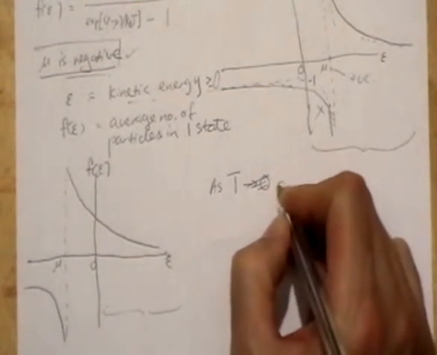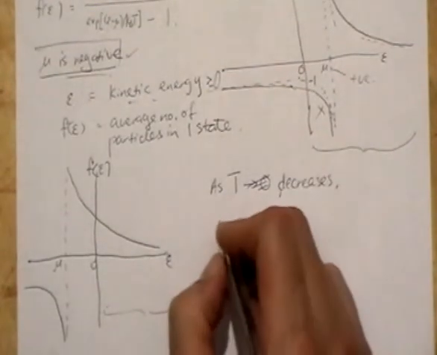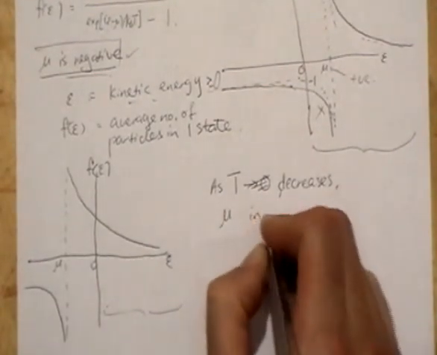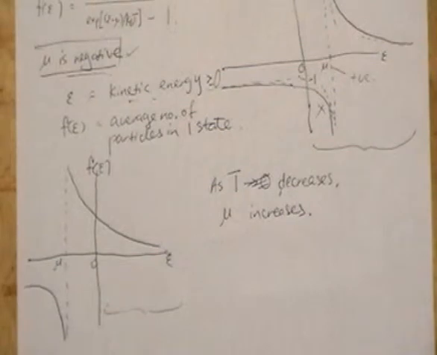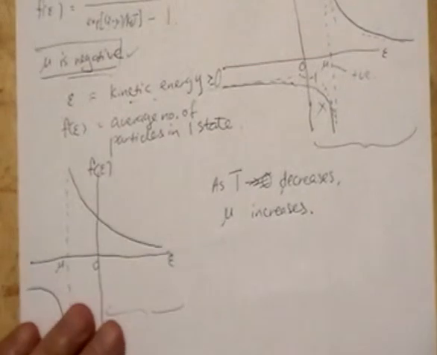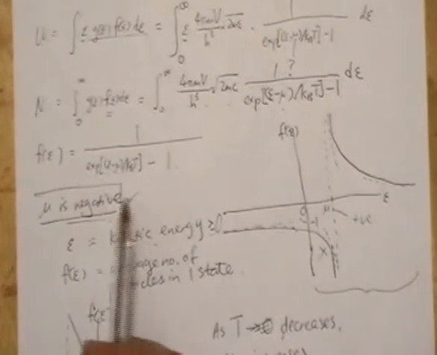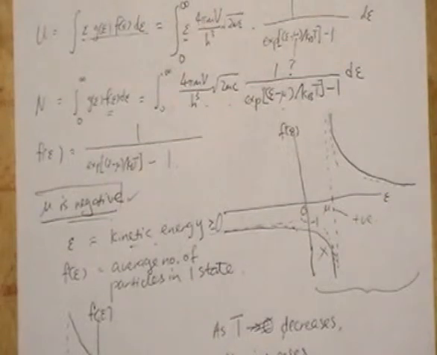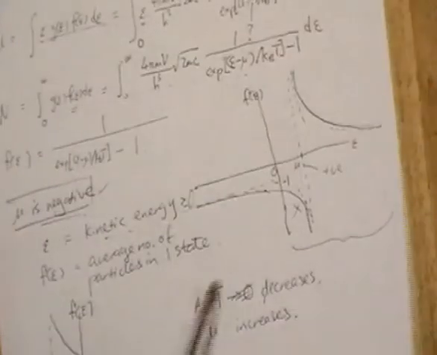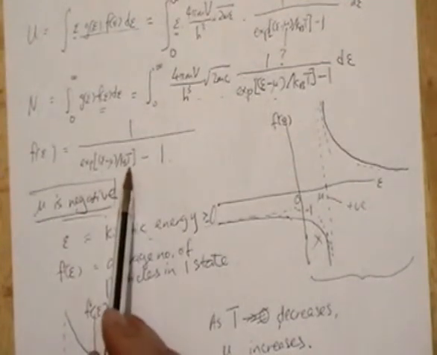Let's say as temperature decreases, we want to show that mu increases. Okay. Now the way to do that is to take a look at Fe again, our average number of particles. If we look at this expression, let's think about what happens to Fe if T decreases.